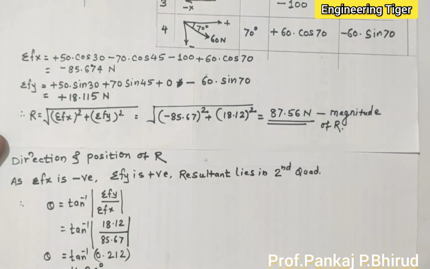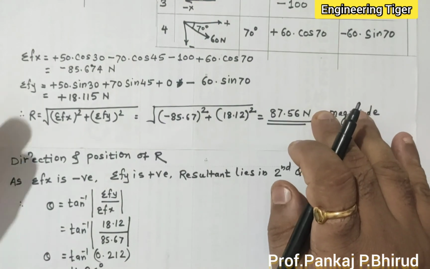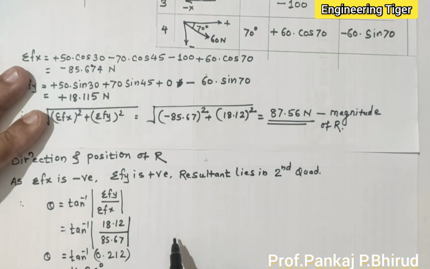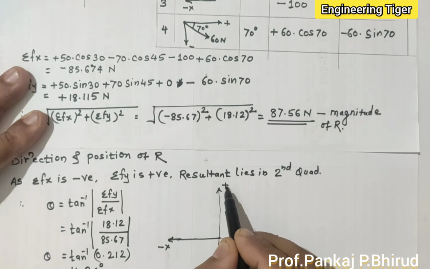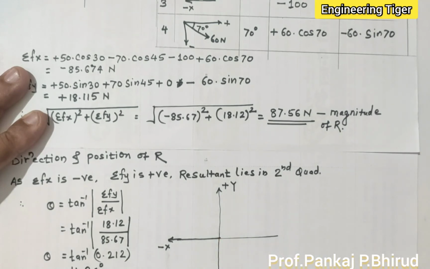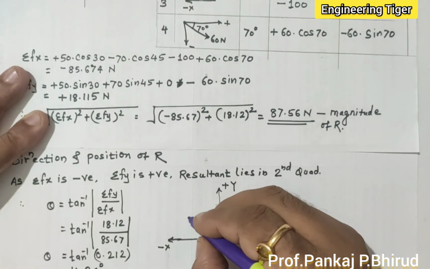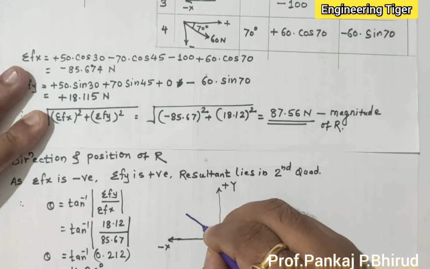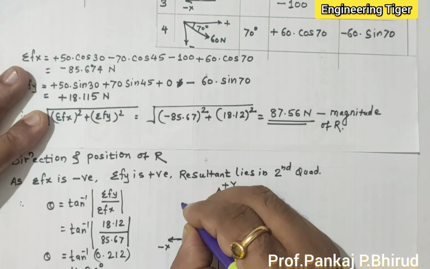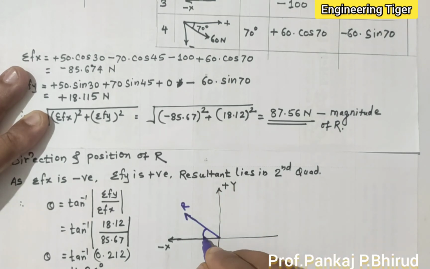Now locate this resultant in the second quadrant. This is the second quadrant, this is the negative x-axis, this is the positive y-axis. So the resultant R makes an angle theta equal to 11.94 degrees.